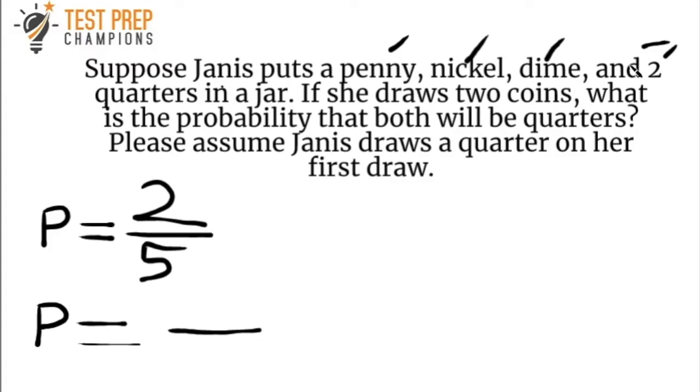And then remember, if there were 2 quarters and she takes out 1 quarter, that's going to leave 1 quarter left in the jar. So there's going to be 4 coins total that are left in the jar. So the number of possible outcomes for her second draw is going to be 4. And like we just said, there's going to be 1 quarter left in the jar. So on her second draw, that 1 quarter represents the one favorable outcome.